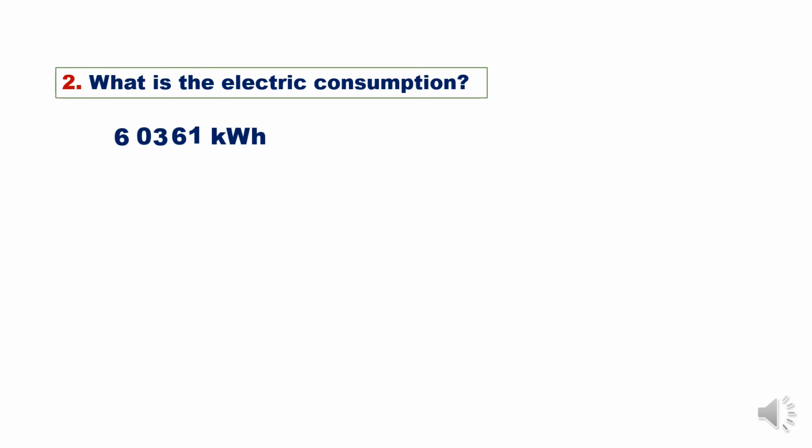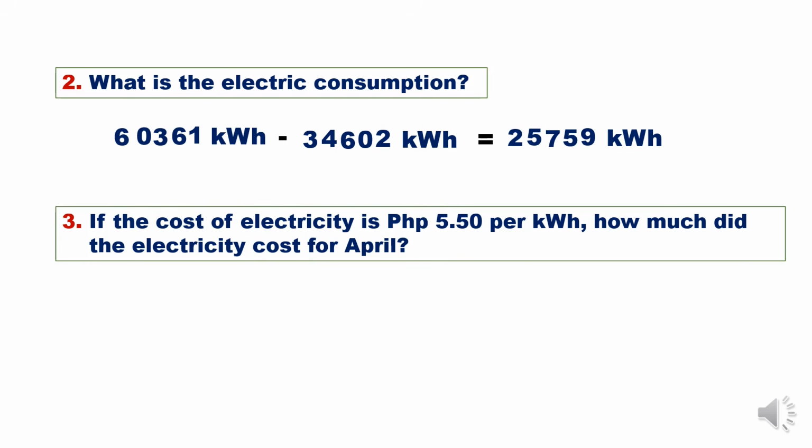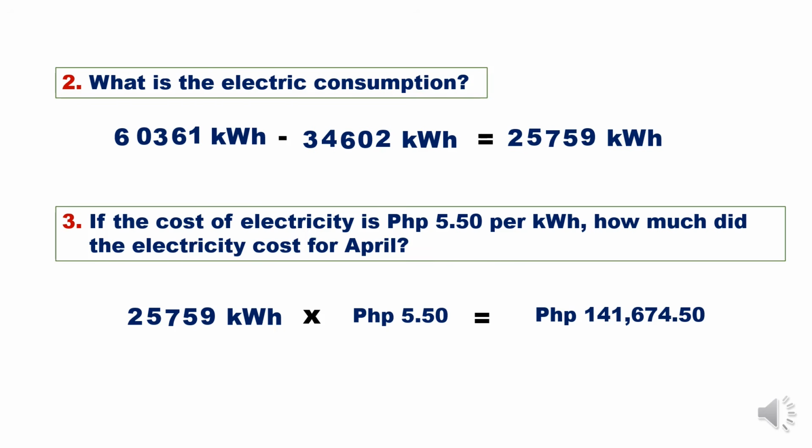Just subtract present minus previous. And that is 25,759 kilowatt hour. 3, if the cost of electricity is 5 pesos and 50 centavos per kilowatt hour, how much did the electricity cost for April? Just multiply. So, the answer is 141,674 pesos and 50 centavos.